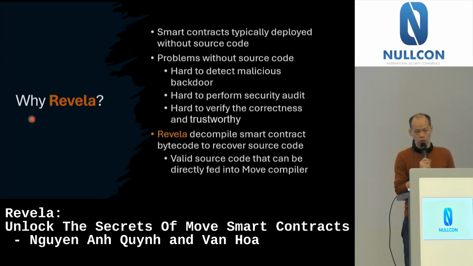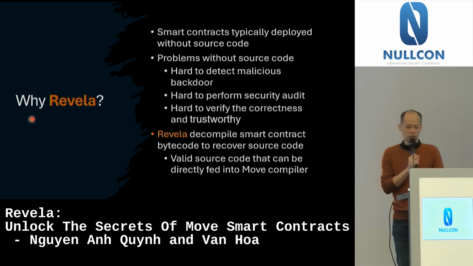So without the source code, we have many issues. For example, if you want to analyze a smart contract on chain, without source code we cannot easily see if there is a backdoor put inside the smart contract. Without the source code, it's very hard to perform a security audit. And finally, it's also hard to really verify that the code does what it claims to do.